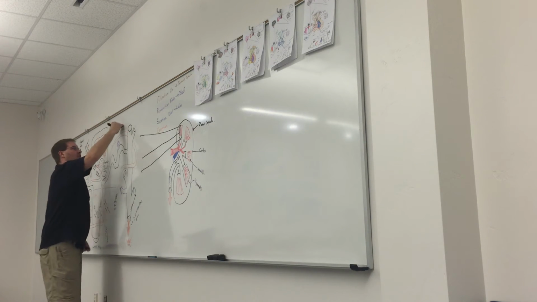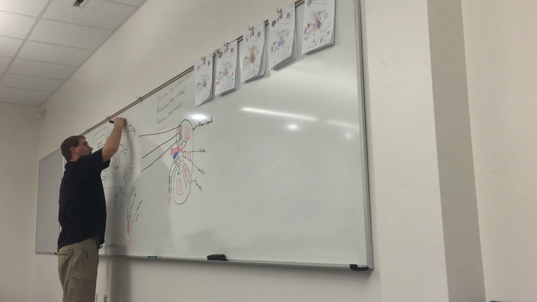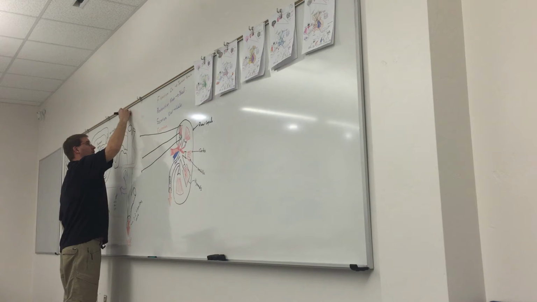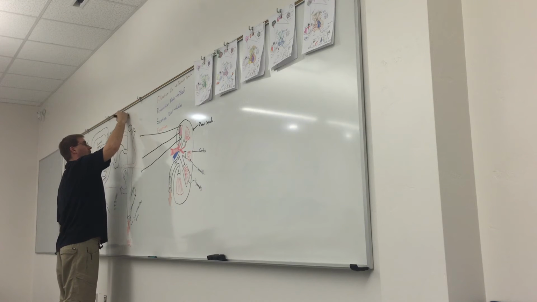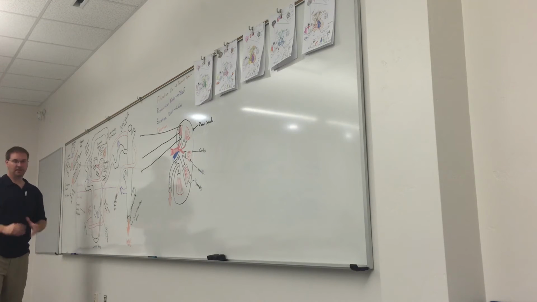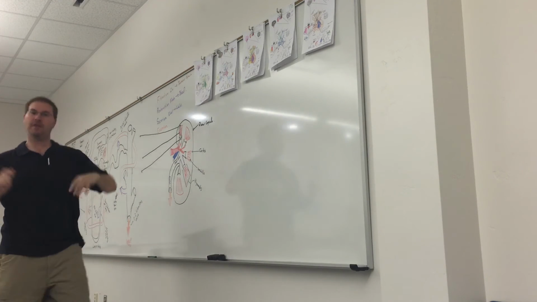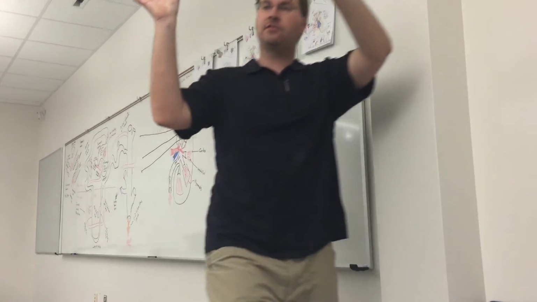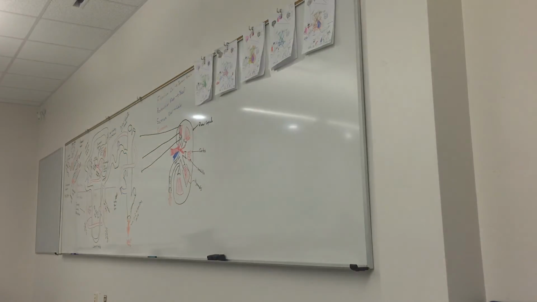This is the distal what? Convoluted. Distal convoluted tubule. All right. So right here, as the ascending limb thickens up and begins to transition into the distal convoluted collecting tubule, something rather interesting happens.